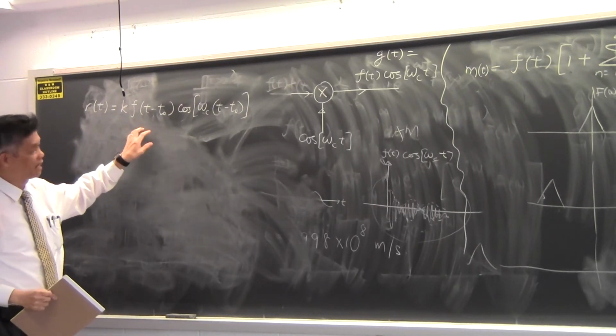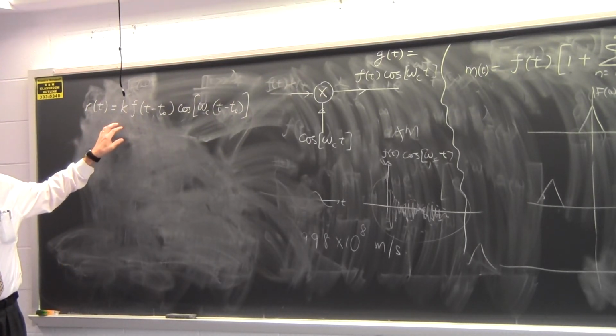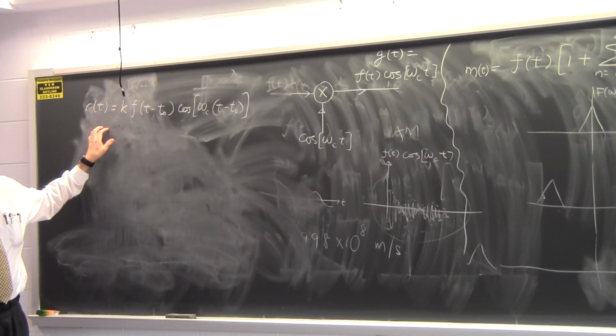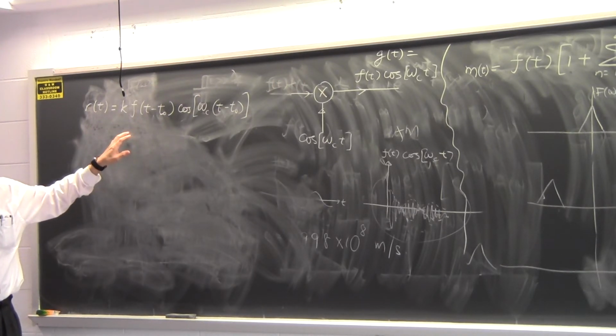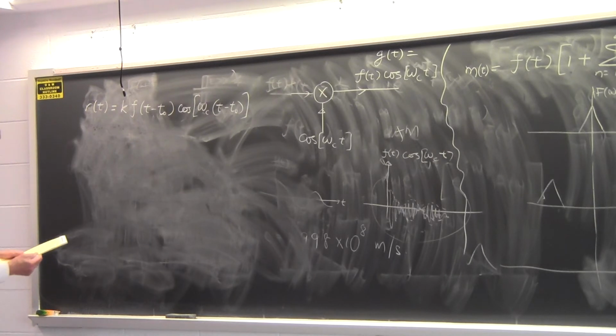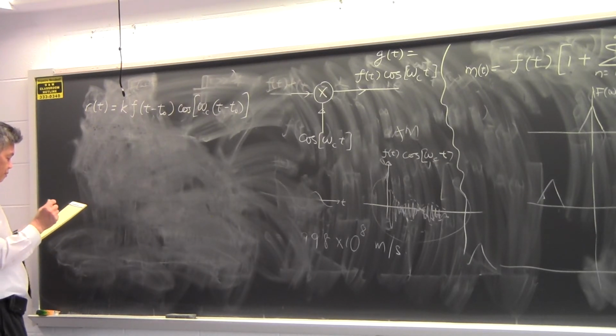I modulated, a time delay, I multiply by an attenuation. That is what I have at the receiver. But this signal is not audible to you. Why is that so? You cannot hear it. It's too high frequency unless you are a bat. But even bats cannot hear such high frequencies. No living creatures can hear such frequencies.